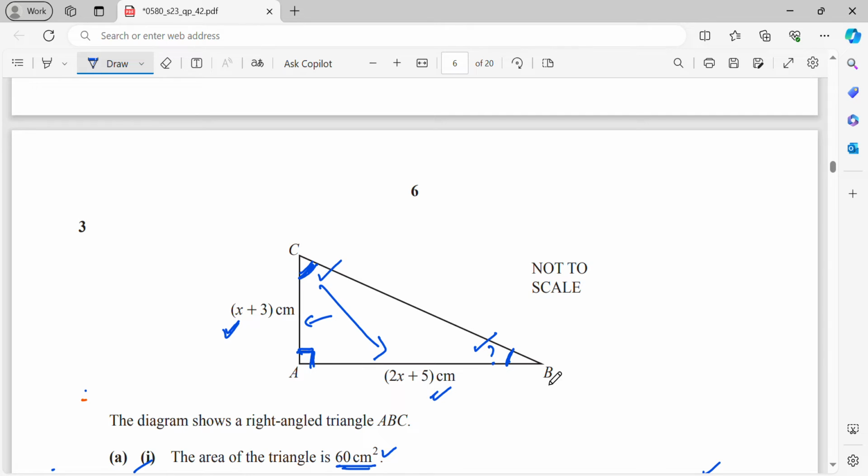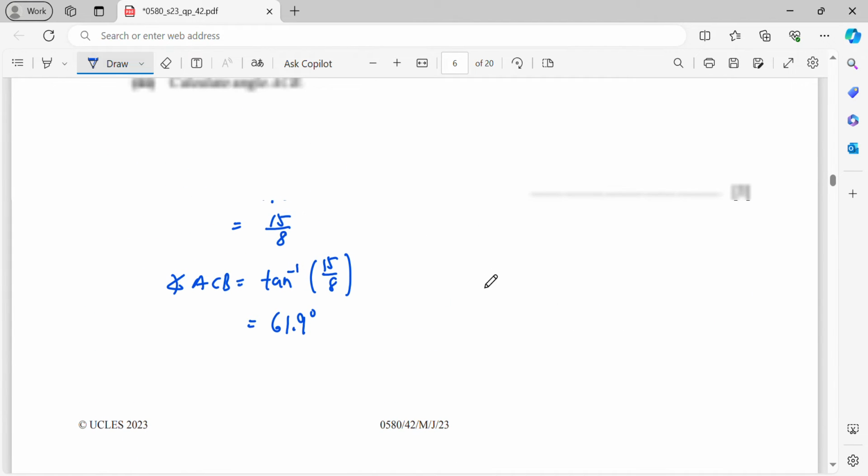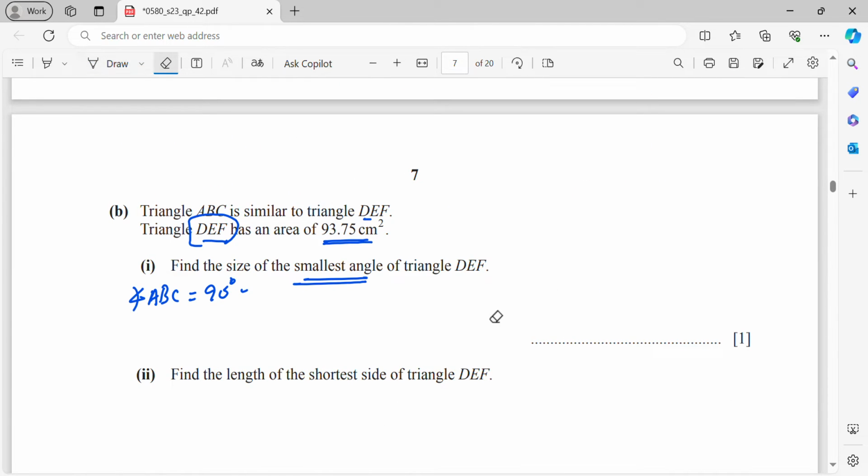Therefore, the angle ABC will be 90 minus the ACB that we have just found. So I will write 90 degrees minus 61.9. Then this is going to be 28.1.